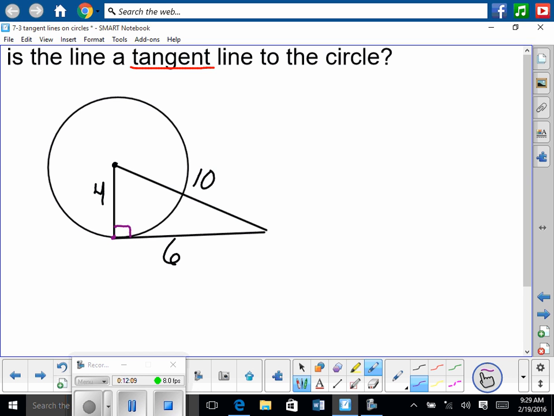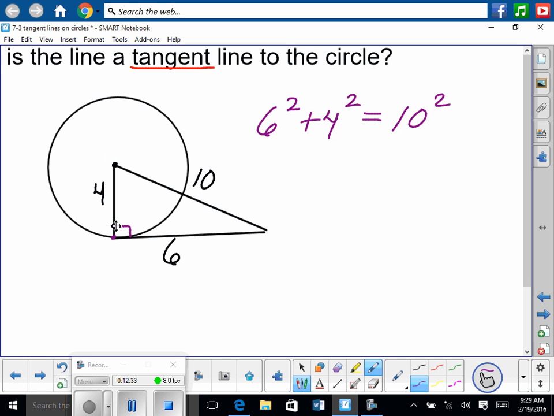So if that's true, then that is a right triangle. Therefore, the Pythagorean theorem would be true, right? So if that is a 90-degree angle, then 6 squared plus 4 squared will be equal to 10 squared, right? Sorry, 10 squared. I'm thinking ahead. Are you following me?